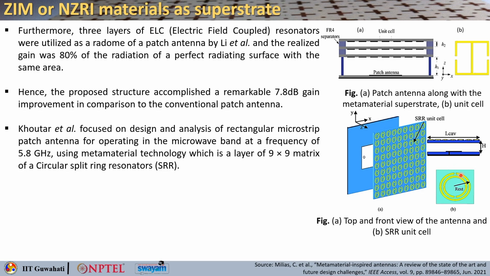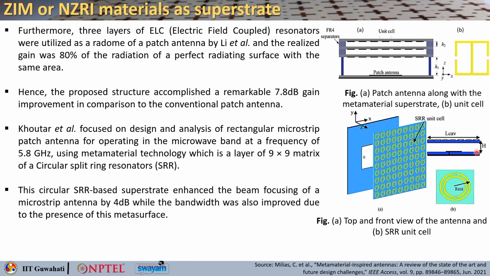The metamaterial layer was based on a 9 by 9 matrix of such arrays. This is the front view and this is the side view. You can see how it is placed similarly at a height h. This allows the beam focusing of the microstrip antenna to be enhanced by around 4 dB, while the bandwidth was improved due to the presence of this metasurface.